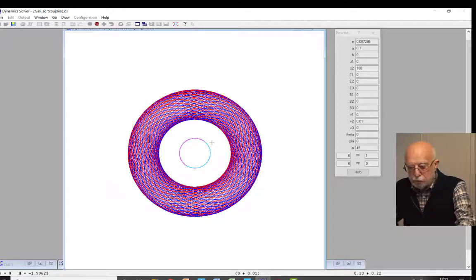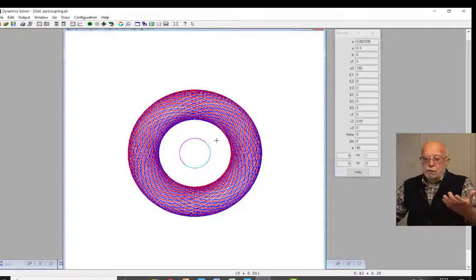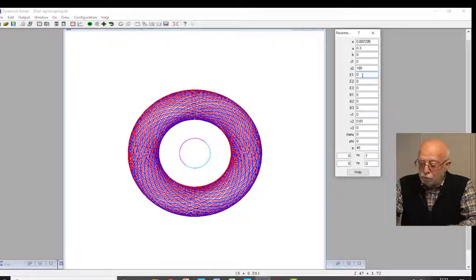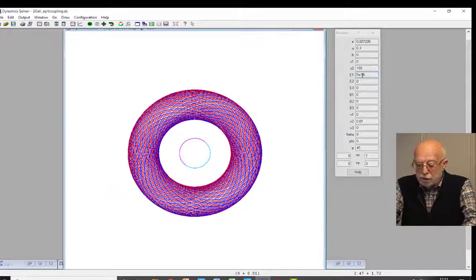I stop this integration. I introduce, for instance, an external electric field along the x-axis, and let the program continue the integration.